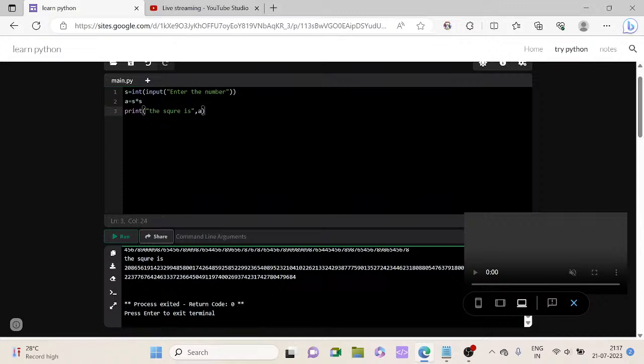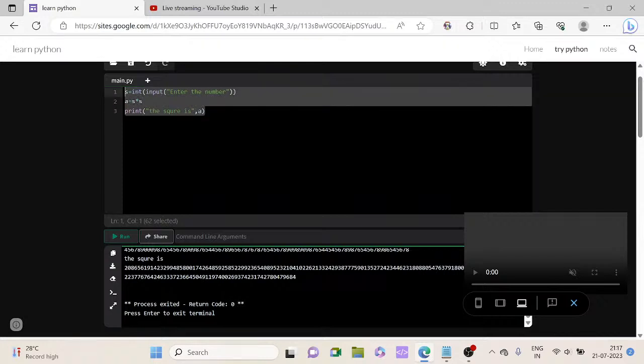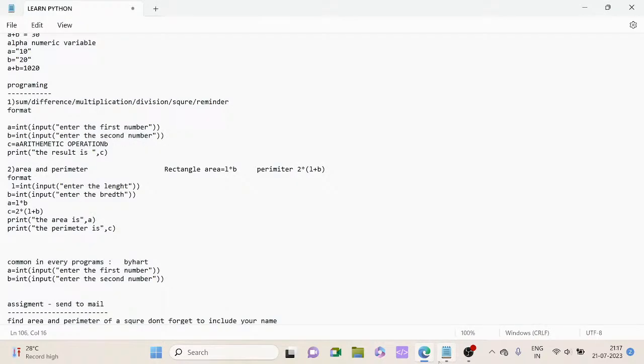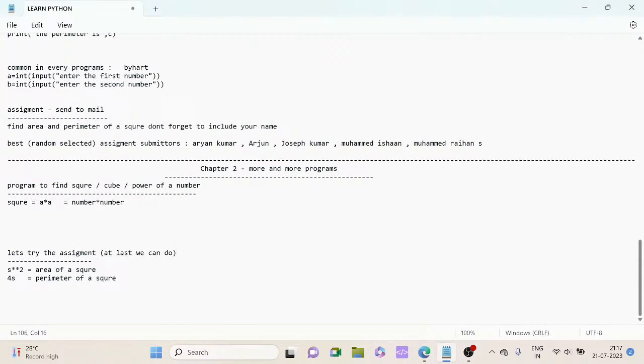So this is the code for finding the square of a number. This is the format. This is the code for finding a square of a number. So that's it.